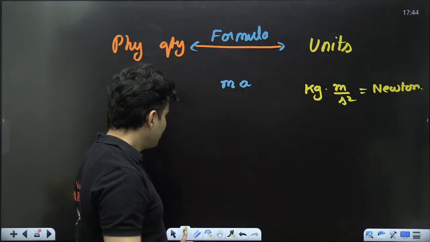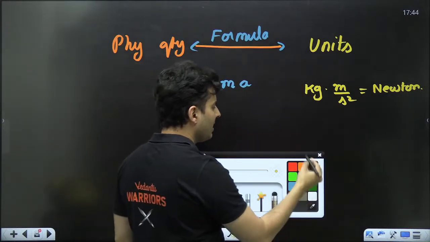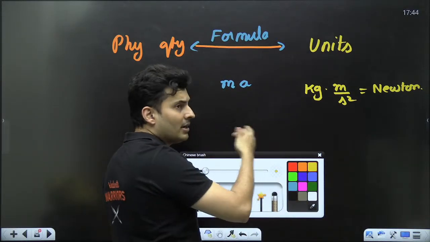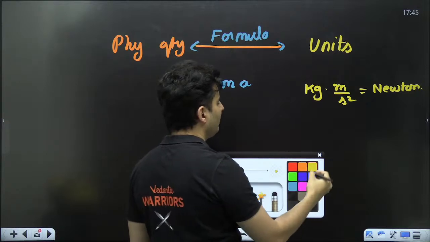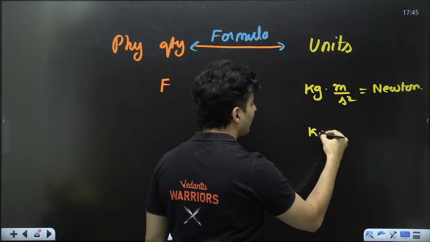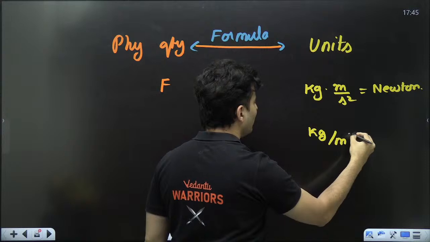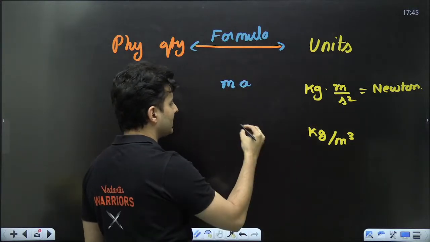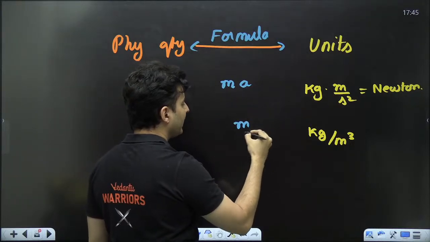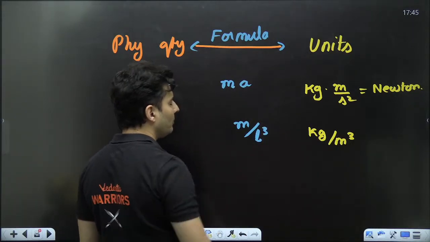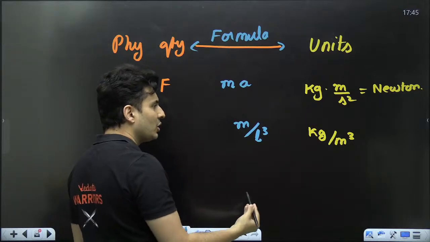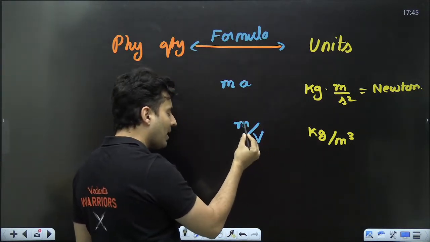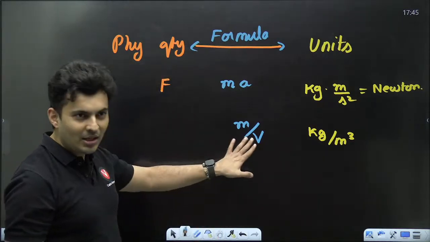Similarly, if I know the units, I can get back to the physical quantity if I know the formula. Say I tell you the units are kg per meter cube. Kg is mass, meter cube is length cube, so it is mass per length cube.